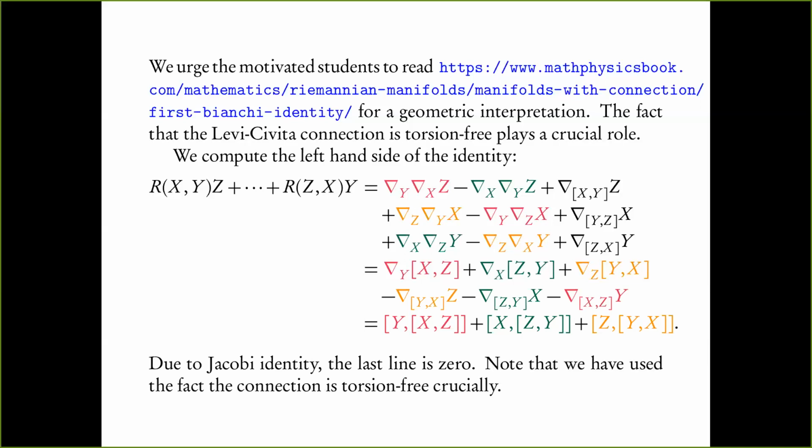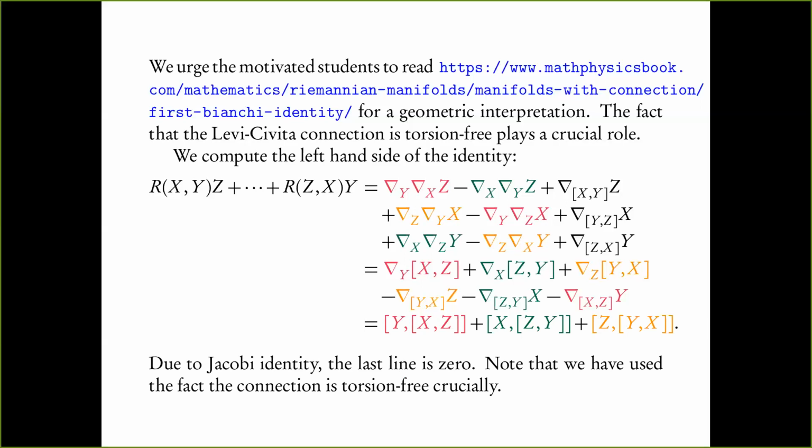Okay. So we use the torsion freeness very crucially, and we haven't used metric compatibility. So this Bianchi identity would be true for a torsion-free connection as well. If I start off with a Riemannian manifold and I choose a connection which need not be Levi-Civita but it's torsion-free, the same proof would work.